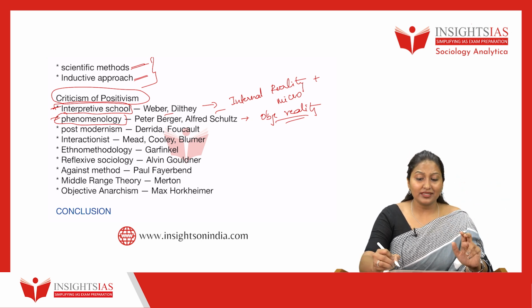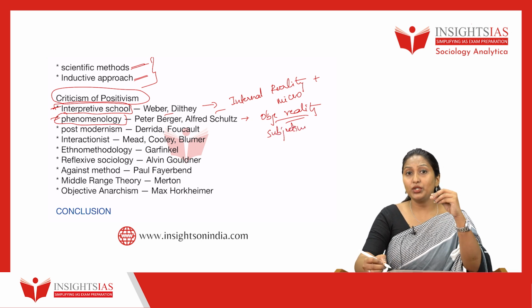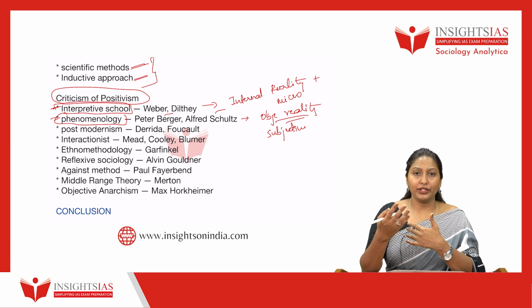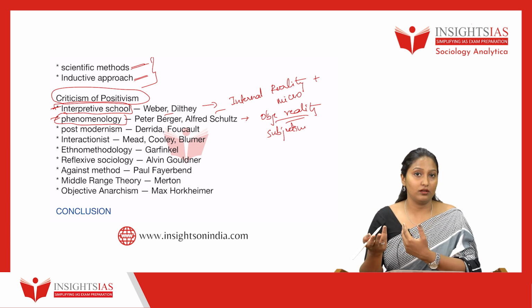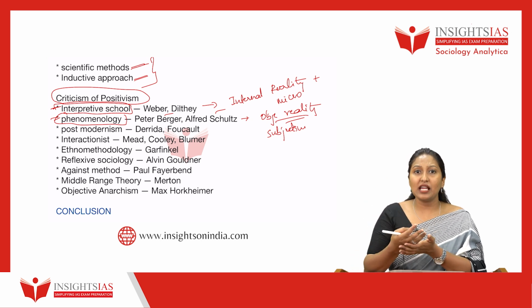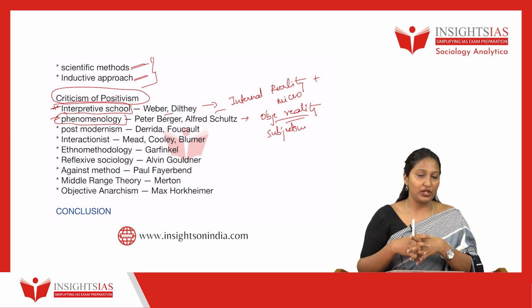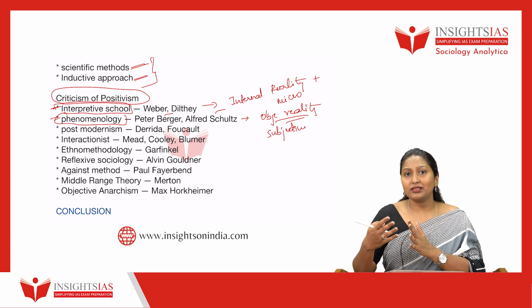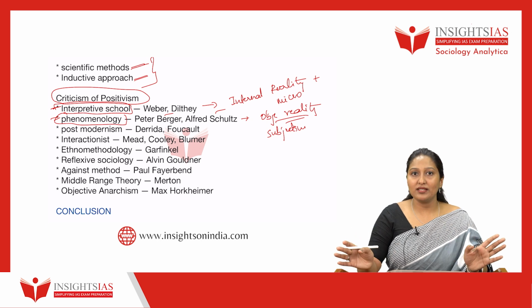But phenomenologists say no, you need to have a subjective understanding. Subjective understanding means you need to interpret what people are thinking, you need to interpret the internal meaning. Because everybody's reality is different, everyone cannot have the same reality. So phenomenologists say we need a subjective understanding of subjective reality. Like this, in a one-liner, it is more than sufficient.